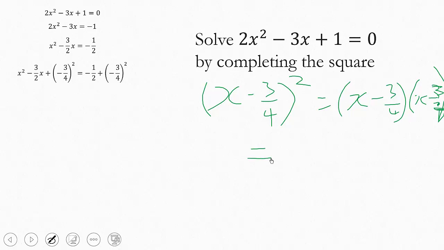So x times x will give you x squared, and x times negative 3 over 4 will give you minus 3 over 4x.